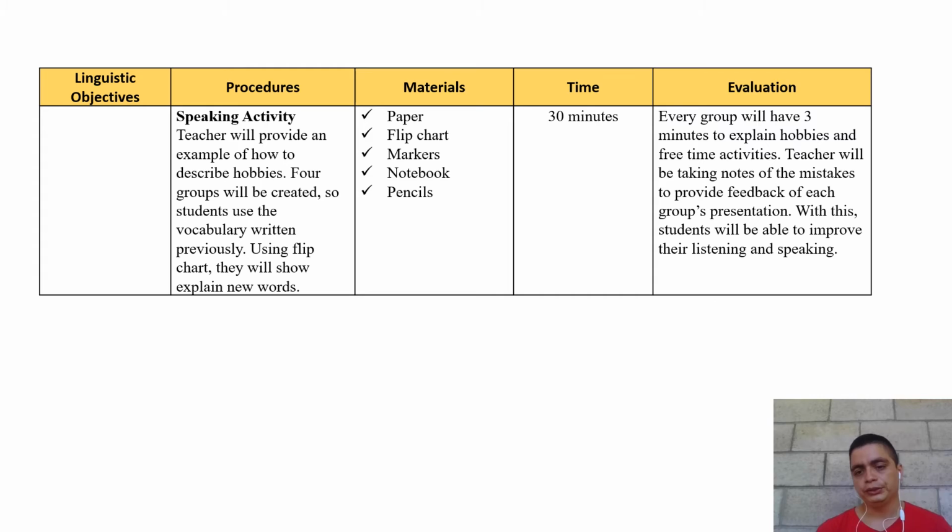So for the evaluation, every group will have 3 minutes to explain hobbies and free time activities. And the teacher will be asking and taking notes of the mistakes to provide feedback to each one.